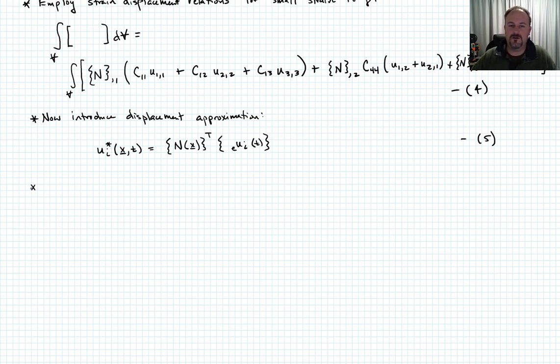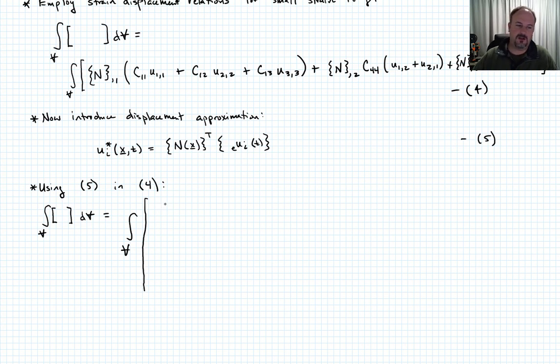Okay, so using equation 5 and 4, I'm going to do the same thing. I'm going to say this is the integral of this horrific quantity that I don't want to write down. Integral of dV is going to be equal to, now I'm going to say integral over the volume. I'm going to have several lines, so I'm just going to write this one giant bracket. Okay, so what's this first term look like? Well, first term is partial of n with respect to x1. That hasn't changed. And inside there, we have C11.